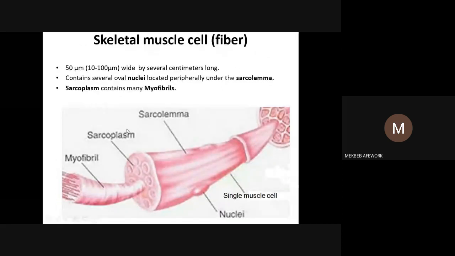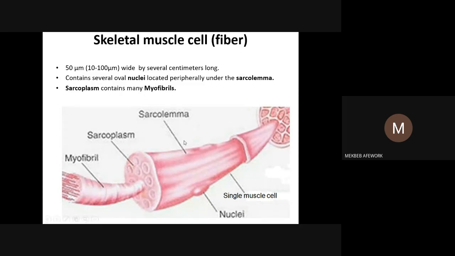When we look at an individual muscle cell, which is covered by endomysium, it is about 10 to 100 micrometers in diameter and could measure several centimeters. It is made by fusion of many myoblasts, so it is multinucleated.